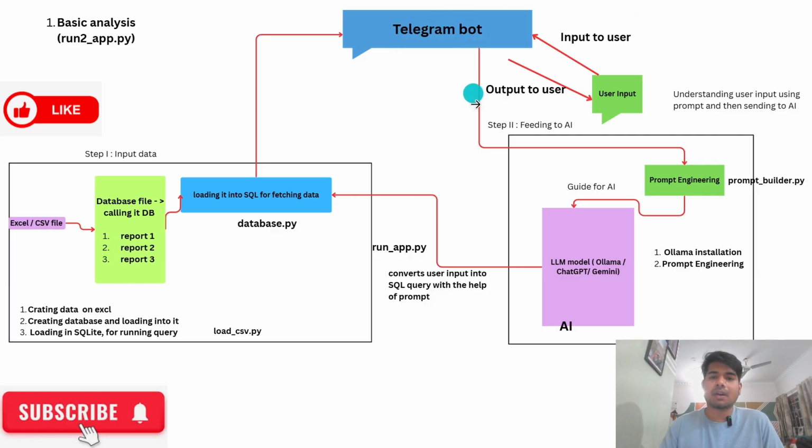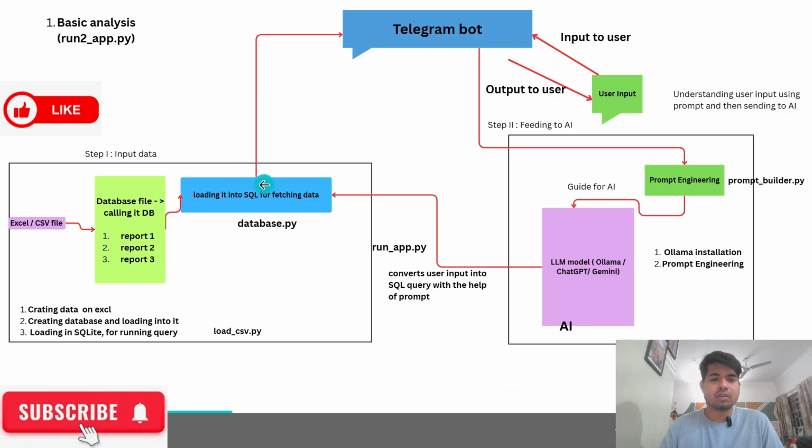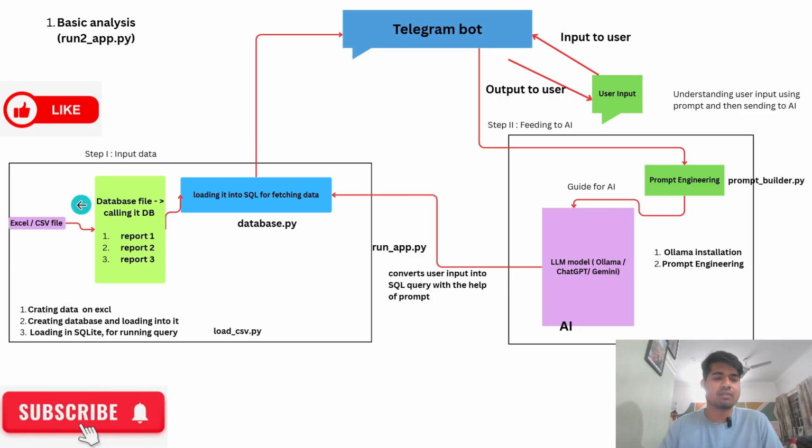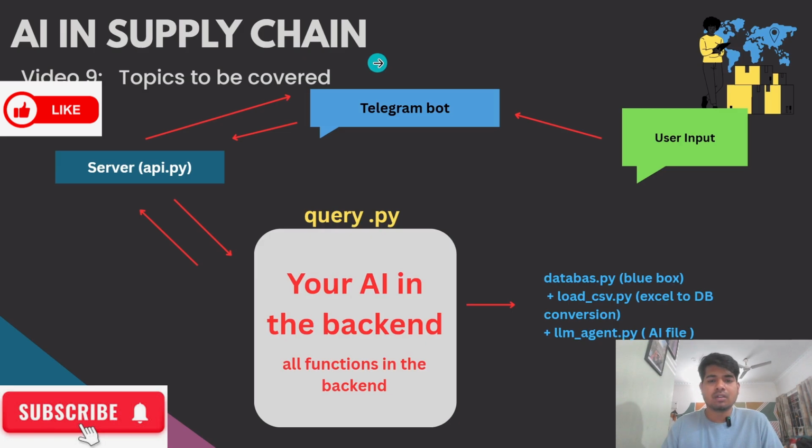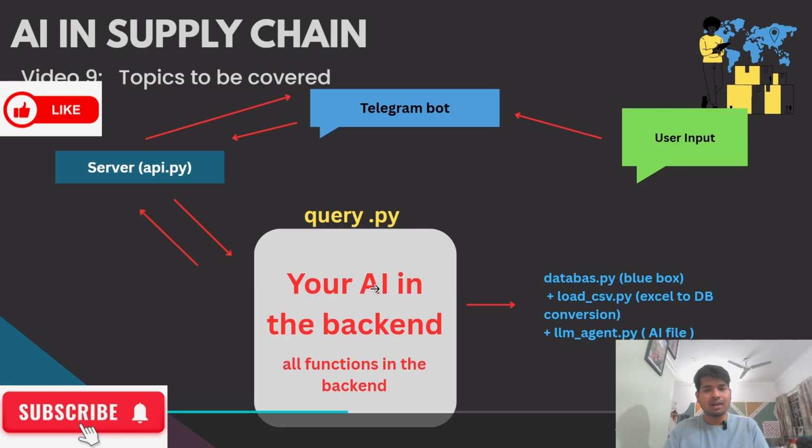The server passes on the information to prompt engineering, the AI gives an output, which is an input for this blue box. The blue box takes input from AI and fetches data from the database. Now data in the database is coming from this Excel or the CSV file, and we have a final output to that server, and the server passes on the information to the telegram bot. Okay, so this is in all a summary of what we have learned in this entire series.